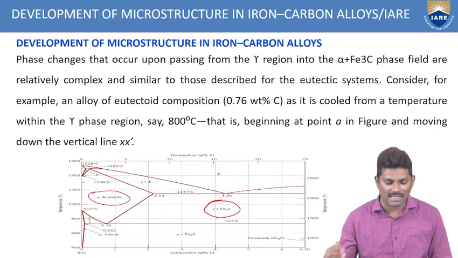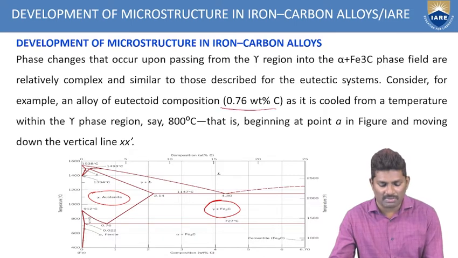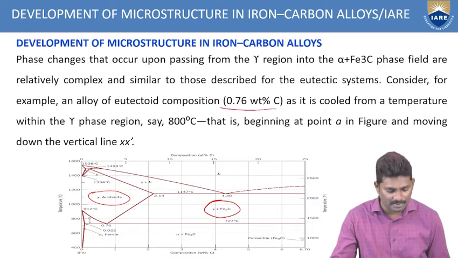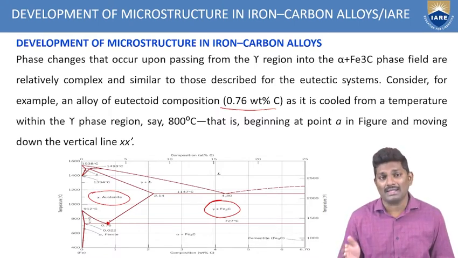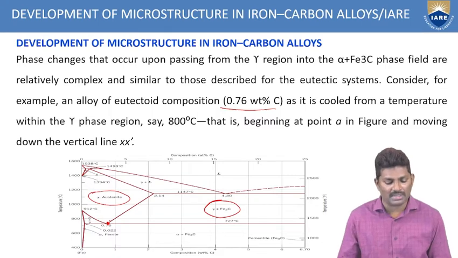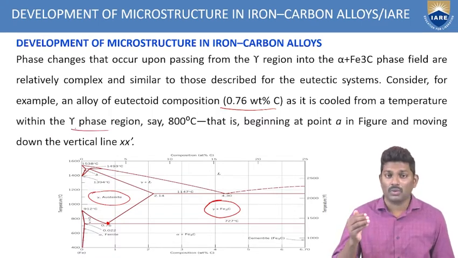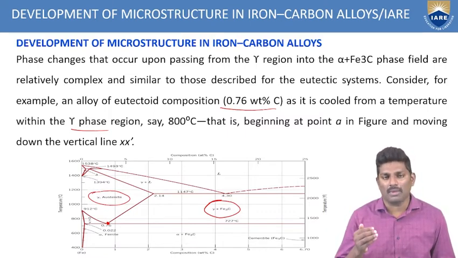We'll consider the same example at 0.76 weight percentage of composition. At this point, this is the 0.76 weight percentage of carbon. What is happening as it is cooled from a temperature within the alpha region? That means we are trying to cool down. During the cooling process only, there is a change in the microstructure.